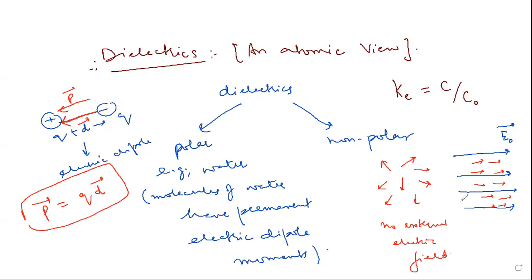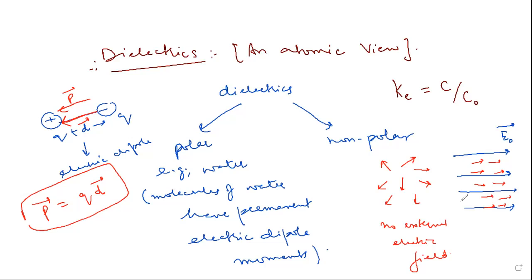So these dipoles become oriented in the direction of the applied field. Because the molecules are in constant thermal agitation, the degree of alignment is not complete, but increases as the applied electric field increases or as the temperature decreases, right?